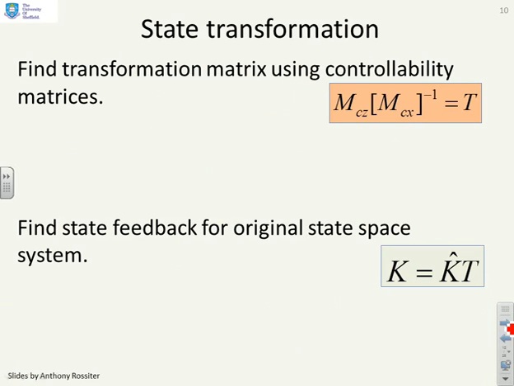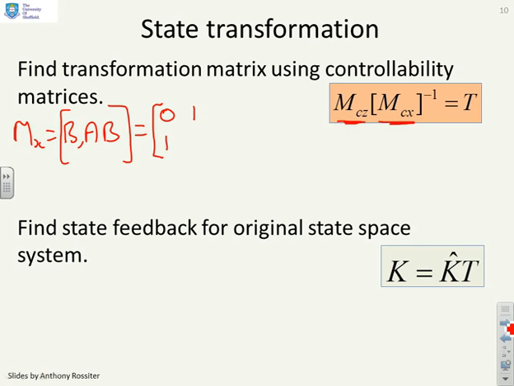Next step, find the transformation matrix using the controllability matrices. So I need to get these two terms, MCZ and MCX. Well, MX equals B, comma, AB. And what that will be, if you put in your relevant matrices, you'll see you get 0, 1, 1, 0.